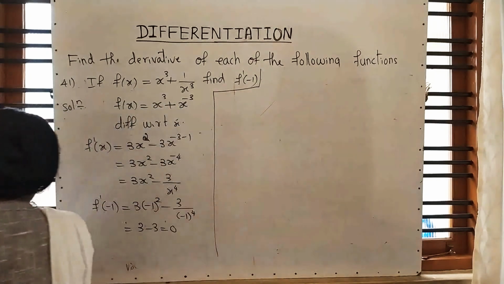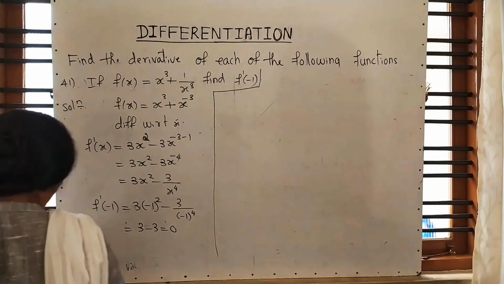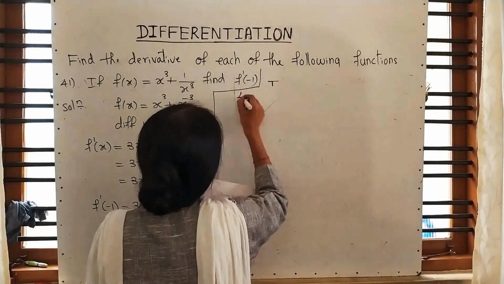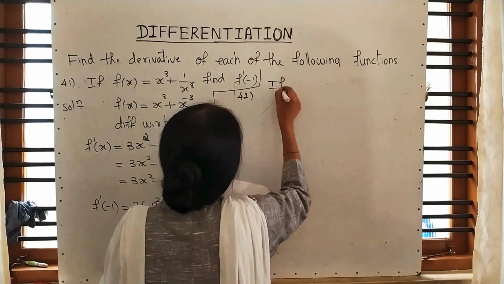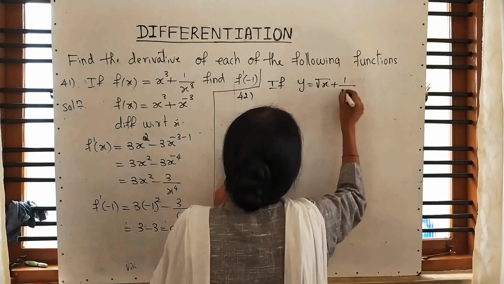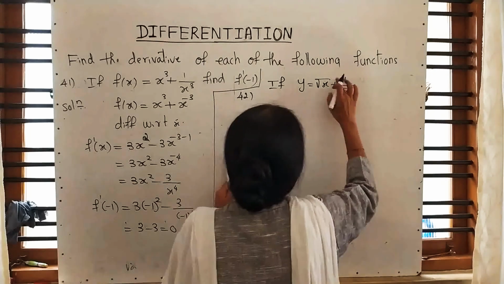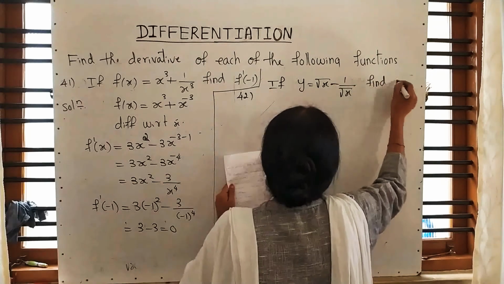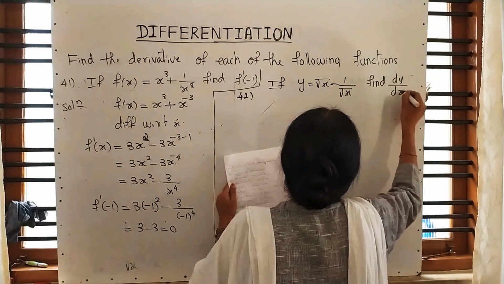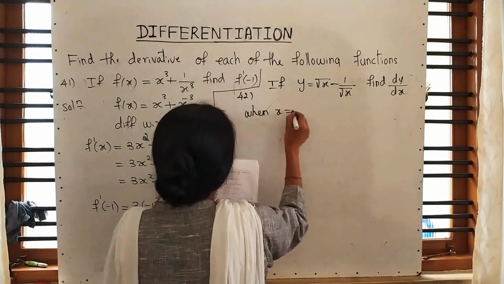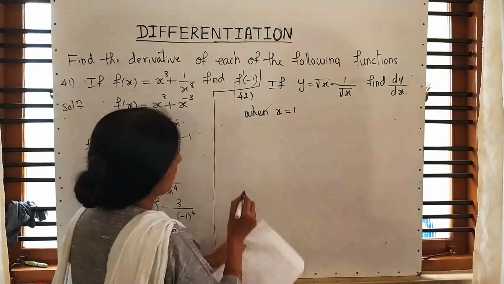Question number 42. If y is equal to, middle minus, find dy upon dx when x is 1.